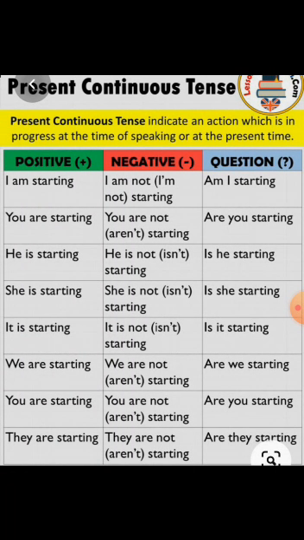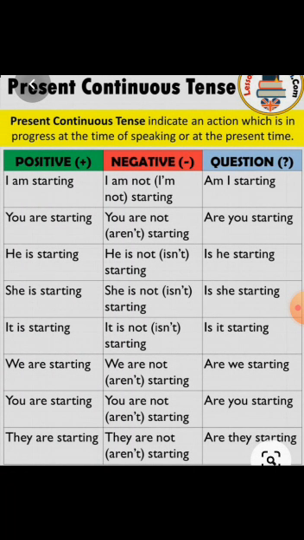The second is present continuous tense. Continuous tense means the sentences which tell us about actions or activities which are going on or happening continuously in the present. Means work is going on, work is continuously happening. So these sentences are known as present continuous.